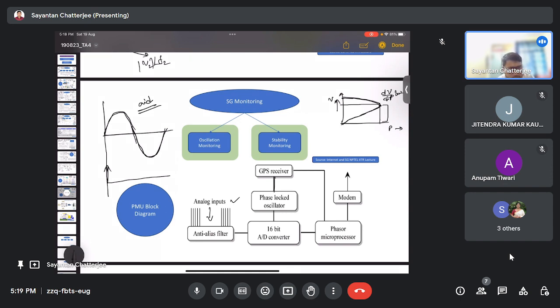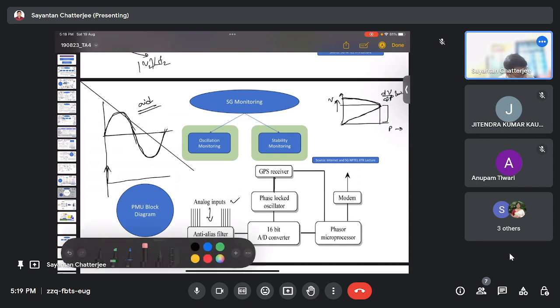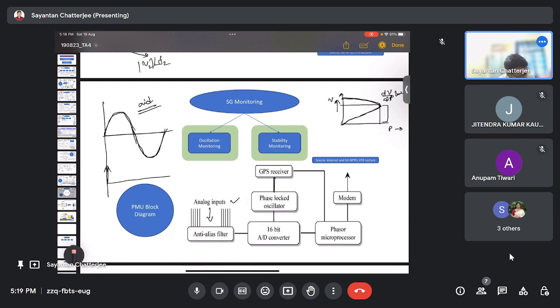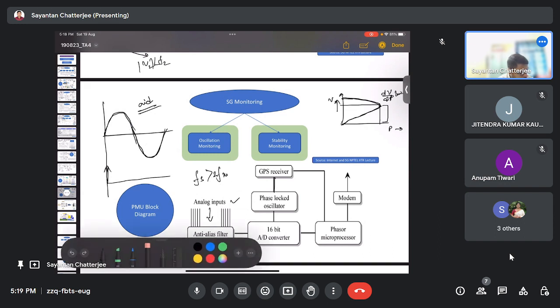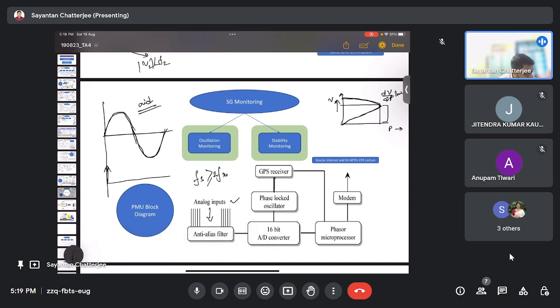It allows the sampling frequency to be greater than or equal to two times the maximum frequency, so that the aliasing effect does not occur.